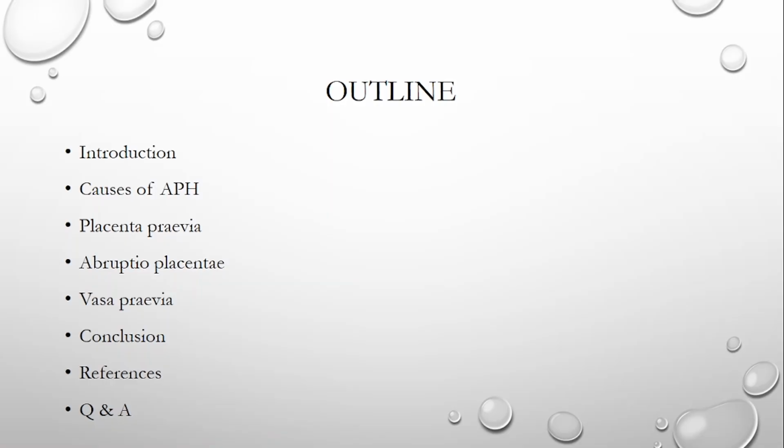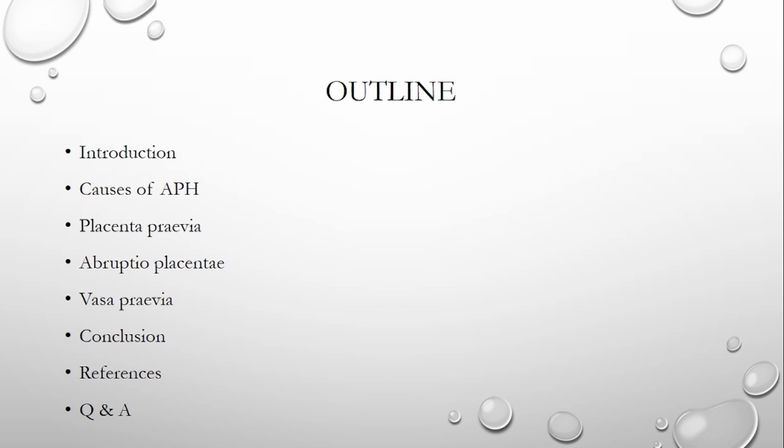At the end of this lecture, you should know the definition of antepartum hemorrhage, placenta previa, abruptio placenta, and vasa previa. Two, you must be able to list the various causes of antepartum hemorrhage.